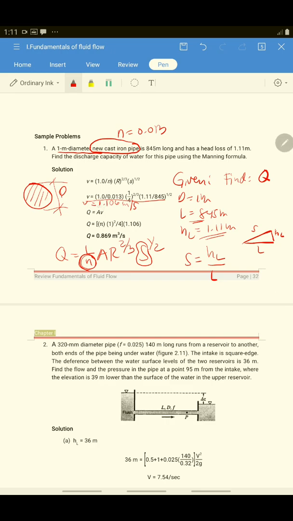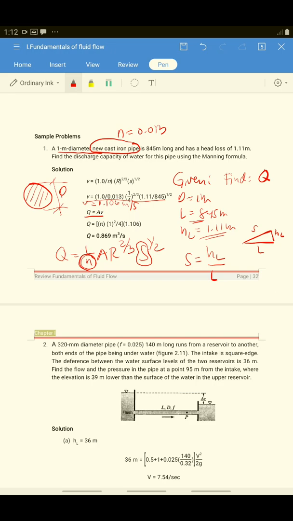Substituting the value of velocity to the equation, the general equation for the discharge is just equal to area times velocity. The formula for velocity depends on what type of formula we are going to use. If we use the Darcy-Weisbach equation, we will use F, the friction factor.